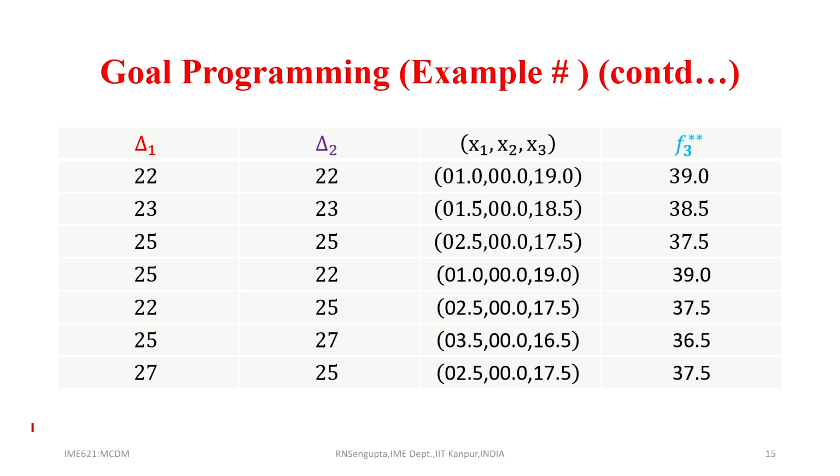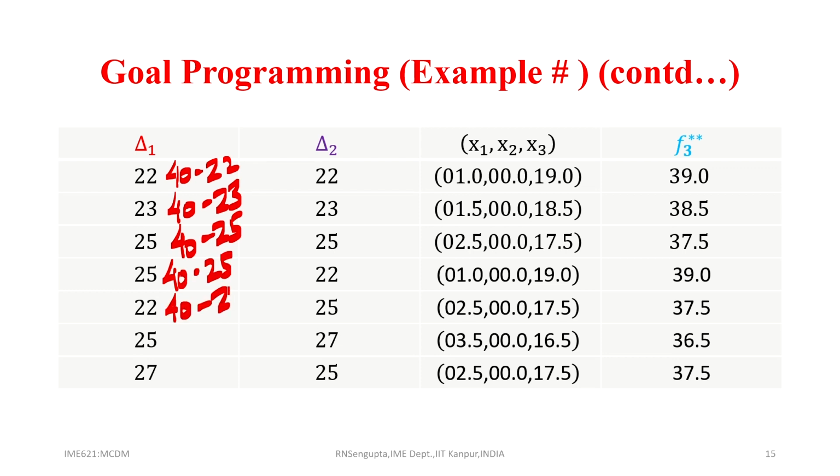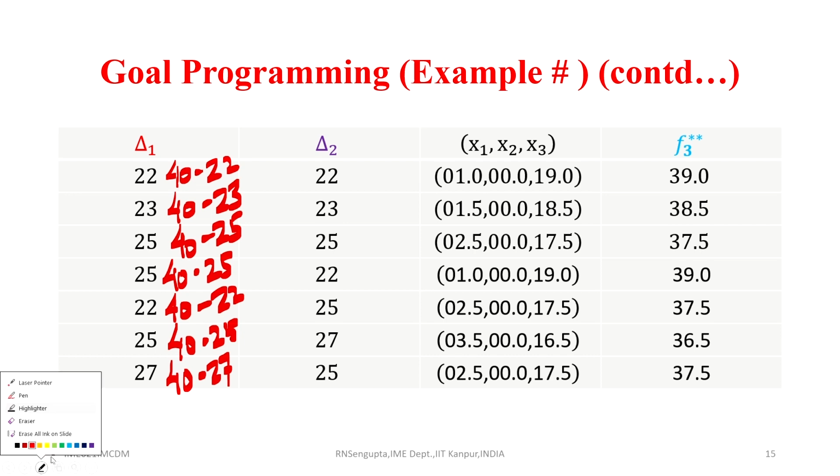So, these values would be, I am again writing 40 minus 22, 40 minus 23, 40 minus 25, 40 minus 25, 40 minus 22, 40 minus 25, 40 minus 27. If I come to the second column, which is related to the second objective function being pushed into the constraint, again it is 40 minus 22.